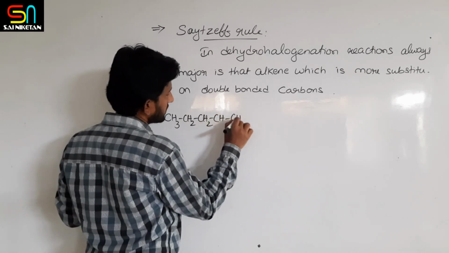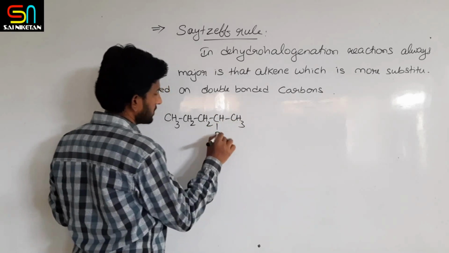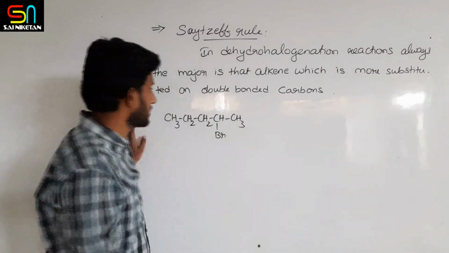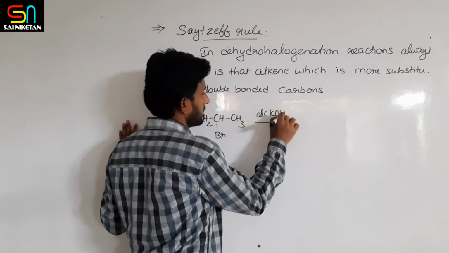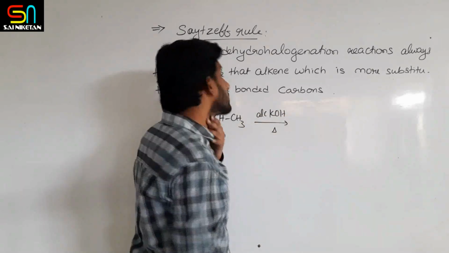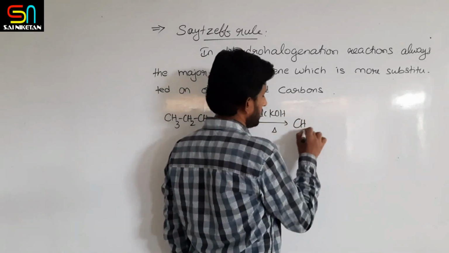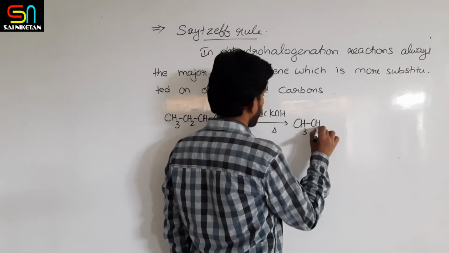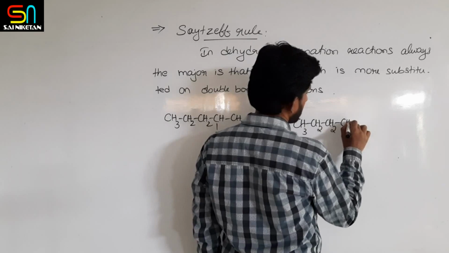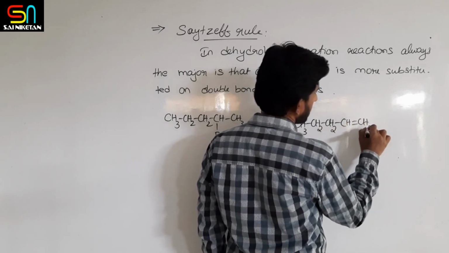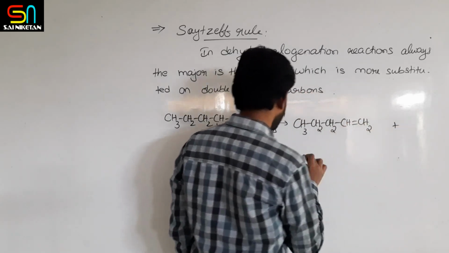Just now we have written this reaction. 2-bromopentane, on reaction with a strong base or alcoholic KOH with heating, gives 1-pentene and 2-pentene as products.